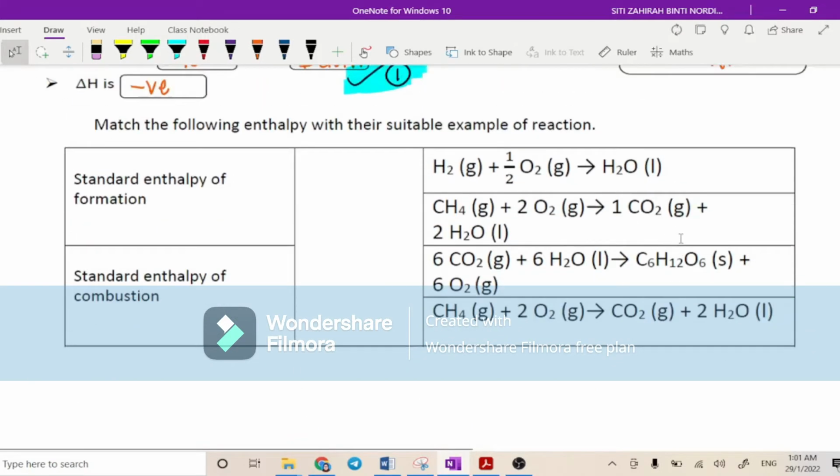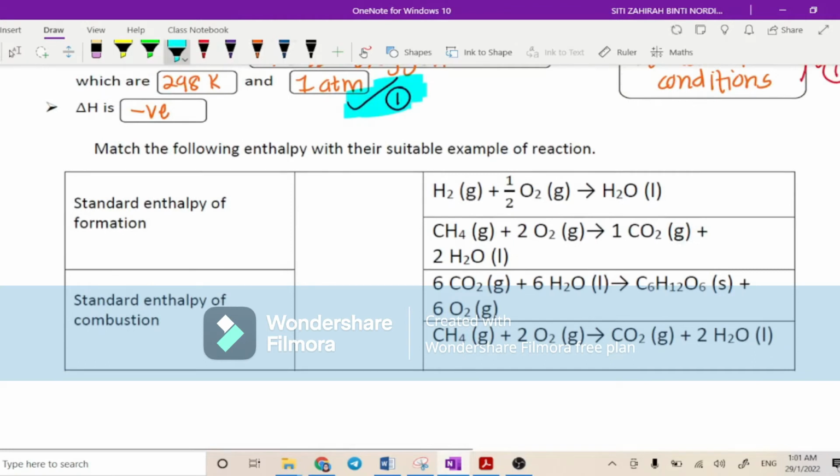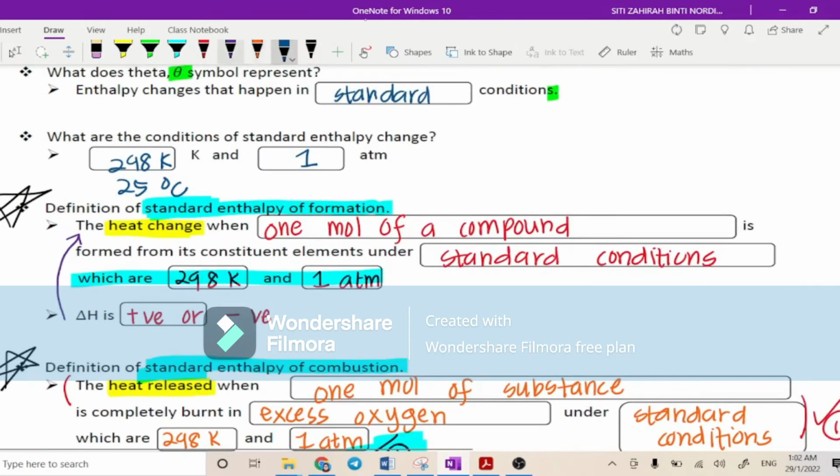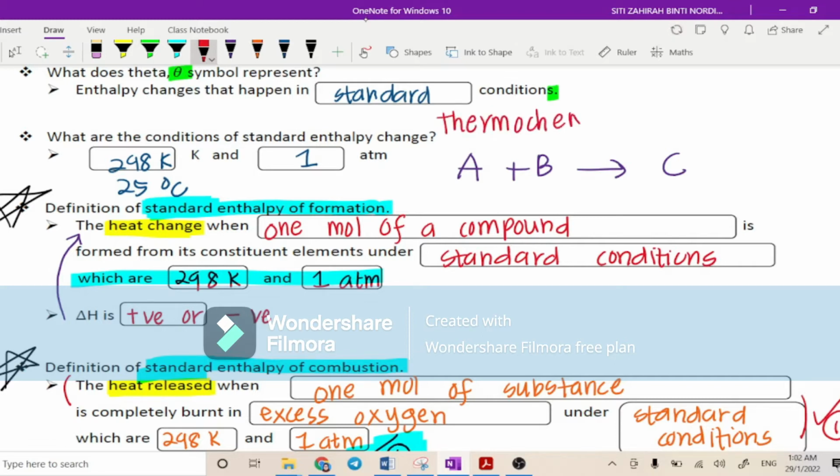So let's have a quick example. I want you to match the following enthalpy with a suitable example equation. So for formation, let's say that I have written A and B to form C. The most important thing for you to write the standard enthalpy of formation, which is called a thermochemical equation, is the heat change when 1 mole of a compound is formed.